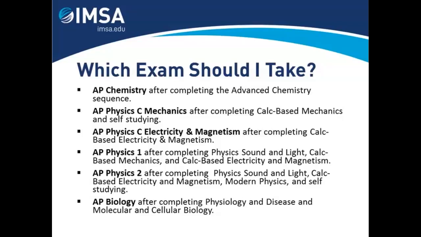AP Biology is based on the physiology and disease content and molecular and cellular biology, so a student needs to have both of them. That student usually is a junior. So first semester will be PAD, second semester MCB, or vice versa. And by completing those 2 courses, a student will be well prepared for AP Bio.